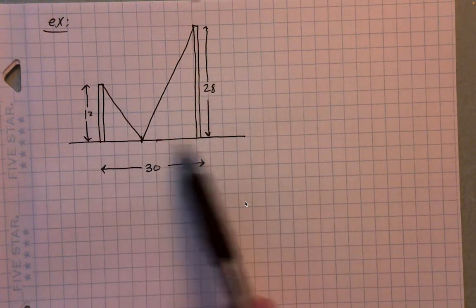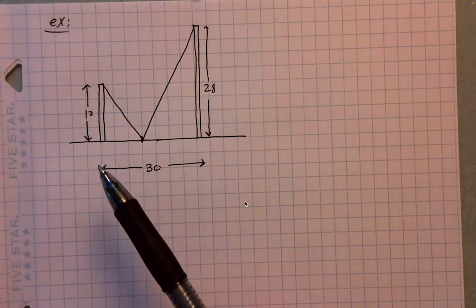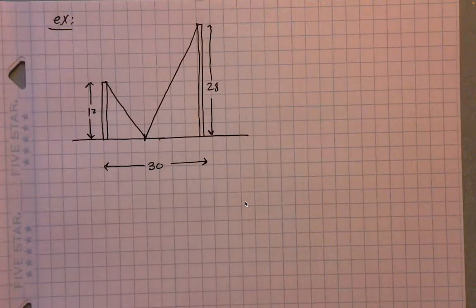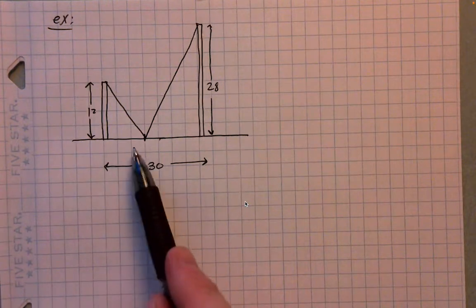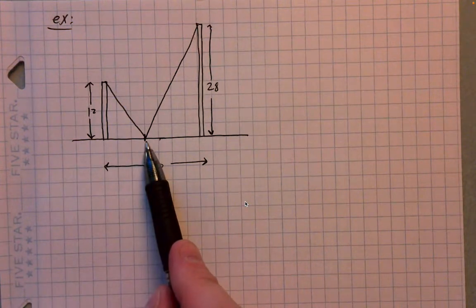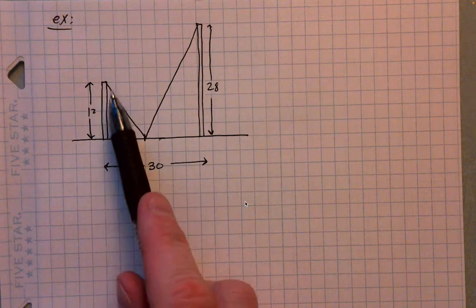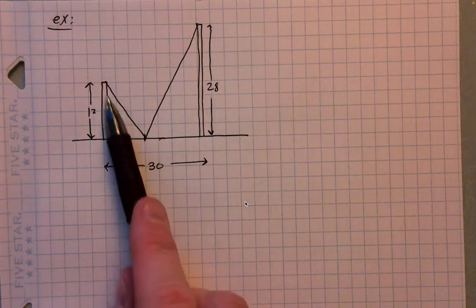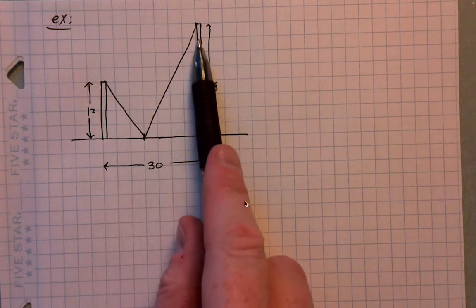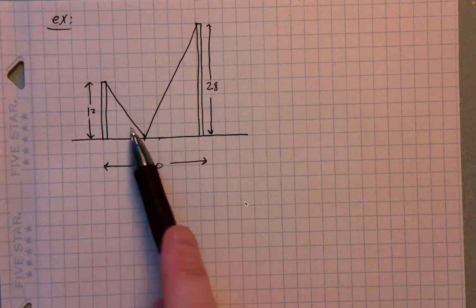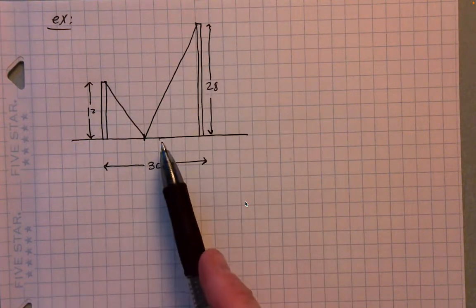But it could be anywhere on this continuum. The question is, where should the stake be placed to minimize the length of wire?